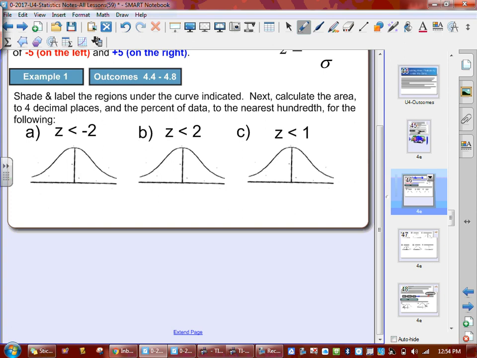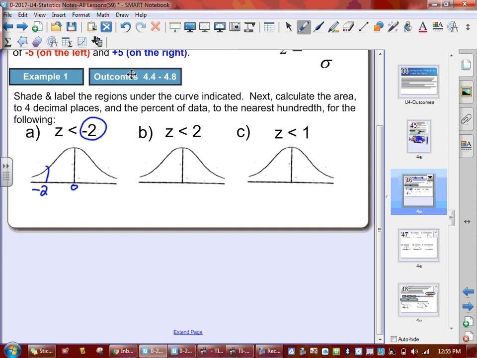First, we decide whether we know the region it's talking about. We have to find the z-score number first. I'm at a z-score of negative 2. The middle is always 0, so negative 2 is pushed quite far to the outside. Now, what information does it want? Does it want all the information above that number or below that number?